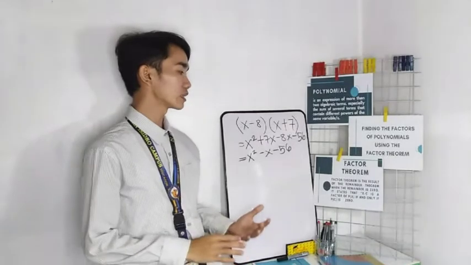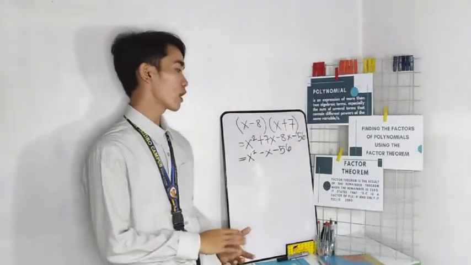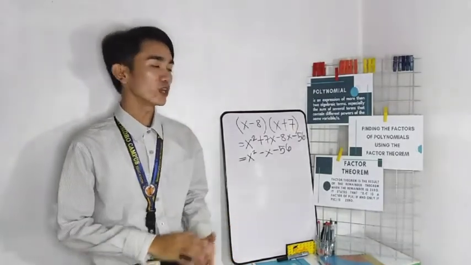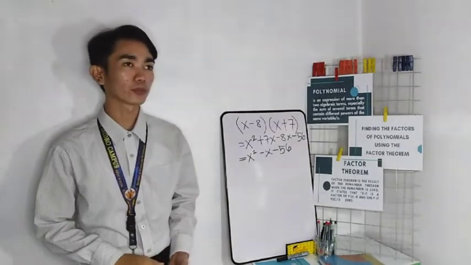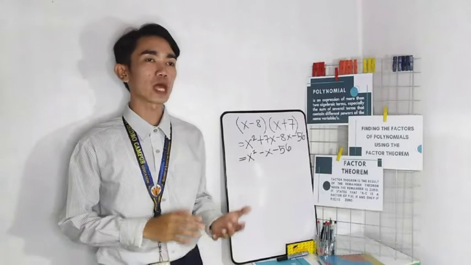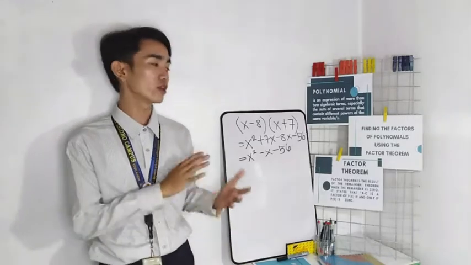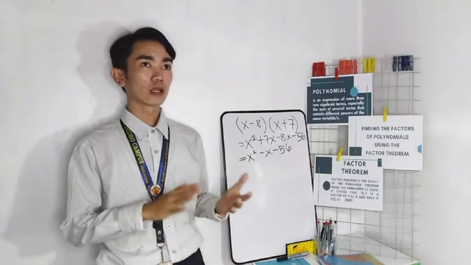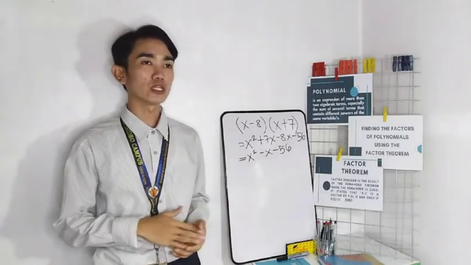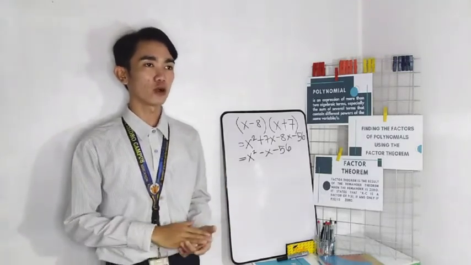It states that x minus c is a factor of p of x if and only if p of c is 0. It says that if we substitute a given value to the given polynomial and the answer is 0, then that value is a factor of that polynomial.